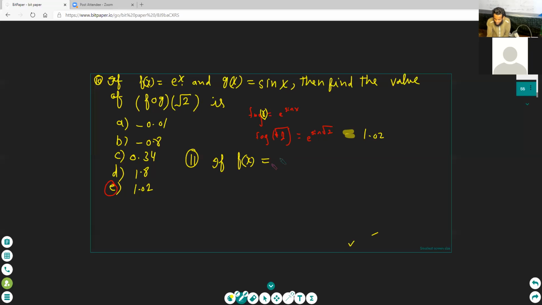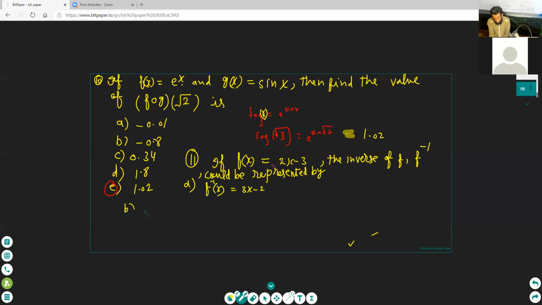Replace x by y and y by x, okay? 2x minus 3, the inverse of f and f inverse could be represented by: f inverse of x is equal to 3x minus 2, and then I write b, f inverse of x is equal to 1 upon 2x minus 3.